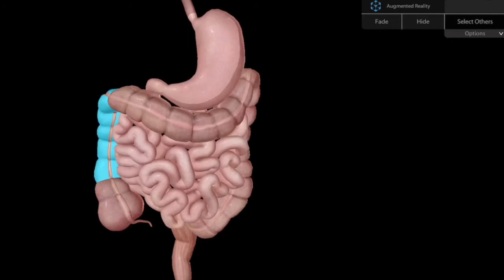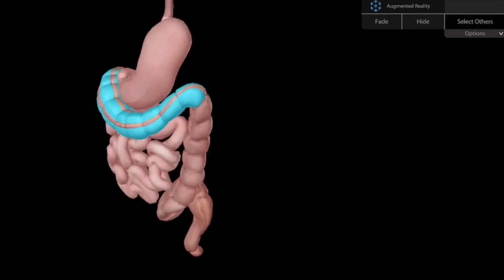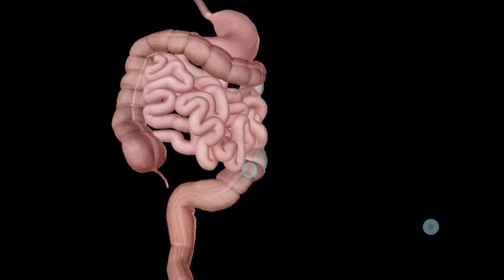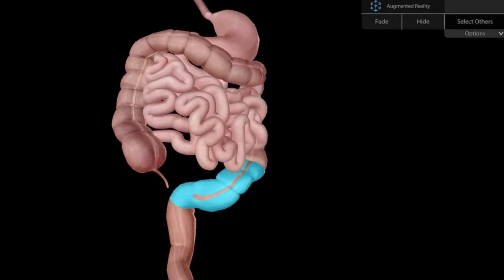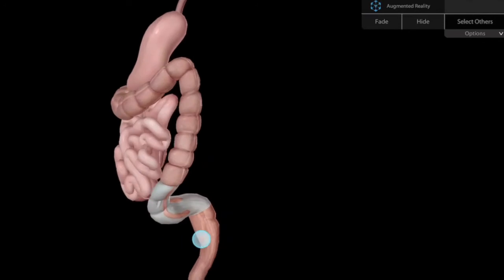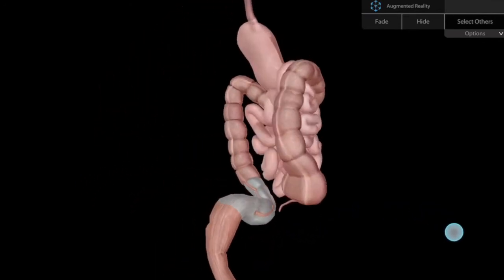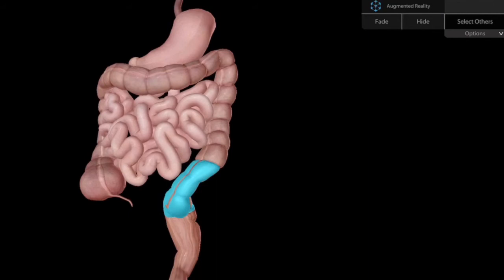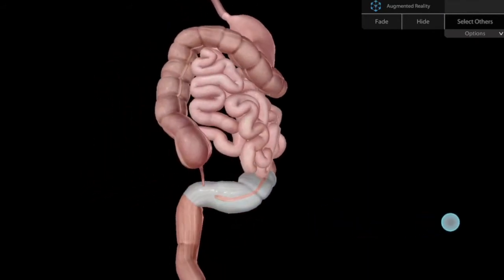This is my ascending colon, and then the ascending colon will conduct the feces to the transverse colon, to the descending colon, and then we're gonna have this S-shaped part of my large intestine. This is the sigmoid colon, and then from the sigmoid colon the feces will be conducted into a straight part of the colon.